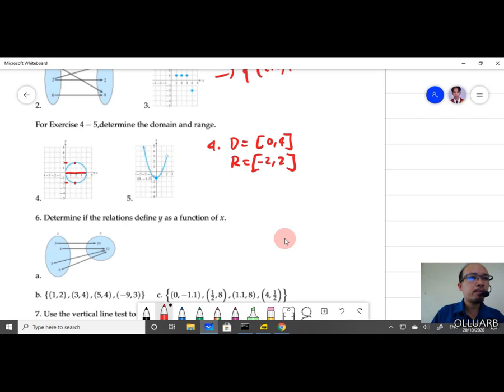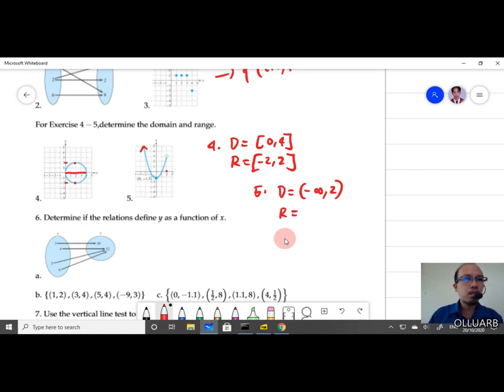Okay, for number 5, the domain is from this point. There is an arrow here, as you can see, so meaning to say from negative infinity to this point, so from negative infinity to 2. But as you can see, there's a hole here, so we will not include the number 2.